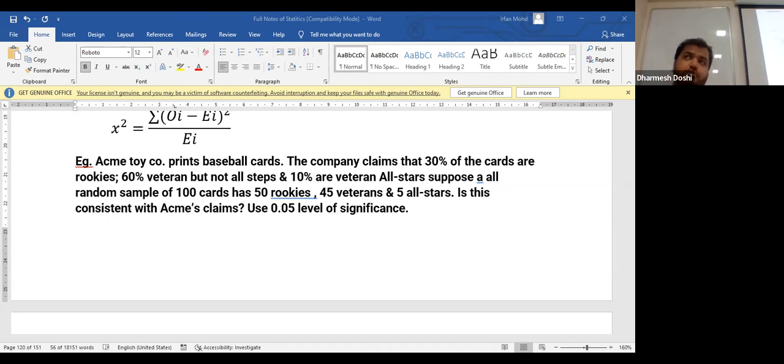The calculation formula is the same. It depends on what you're checking. If the objective is written as male versus female, you cannot do independence. You have to go for homogeneity. If the question says compare gender versus voting, you'll go for association.